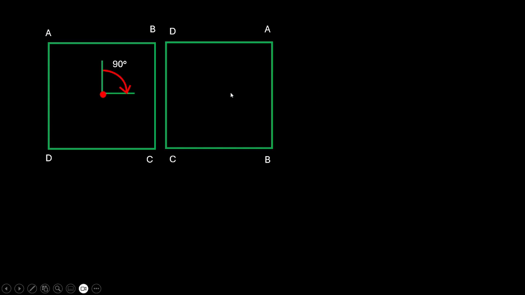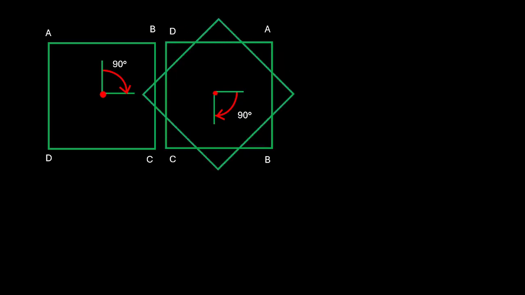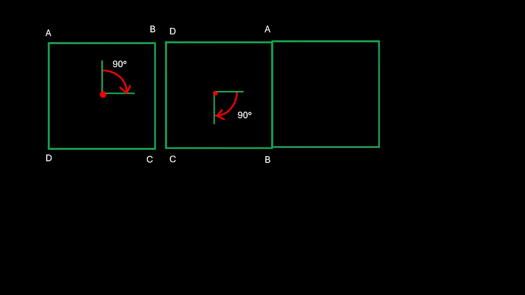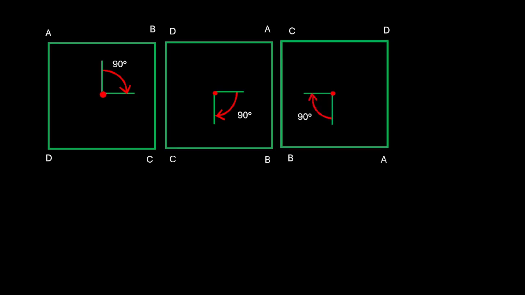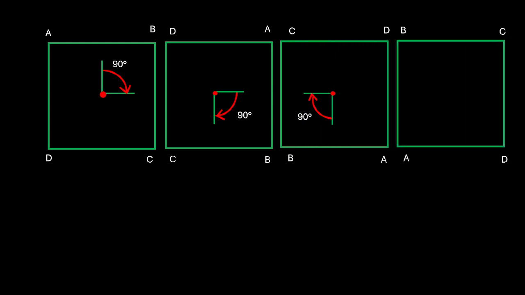Let us rotate this one more time, again by 90 degrees clockwise. After that, it looks like this. Now, we'll do a third rotation by the same angle in the same direction, and it looks like this.